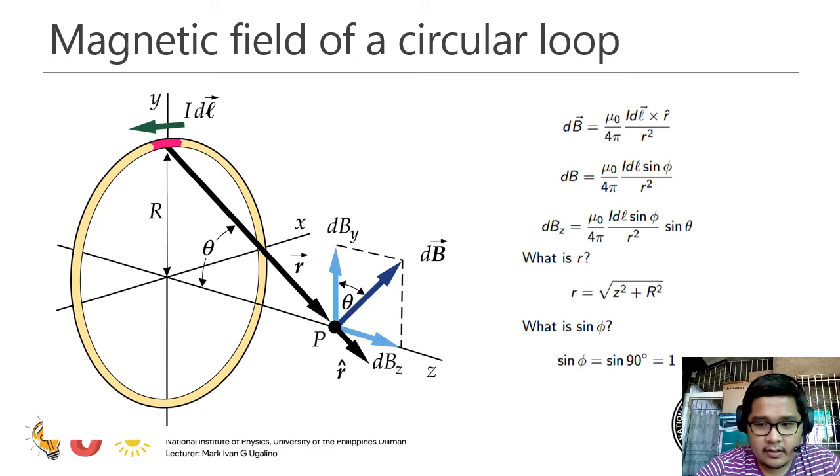Okay, so we were able to justify why we are only interested in the z component of the infinitesimal magnetic field. Again, if you consider pairs, for example this one and this one, that's one pair, their components along this direction will just cancel out. If you consider another pair here, you will see with the same analysis that the components also cancel out with each other.